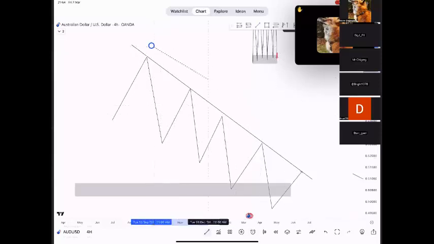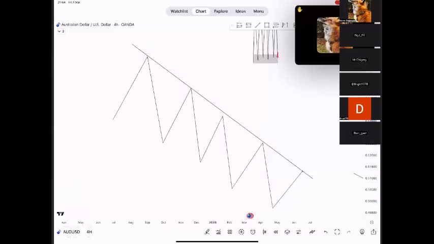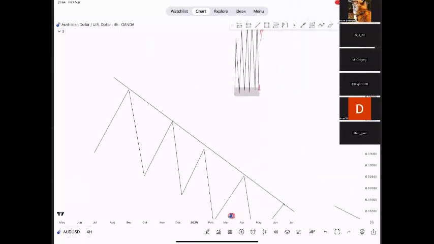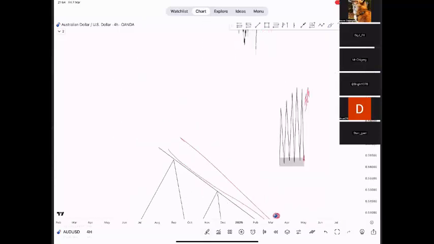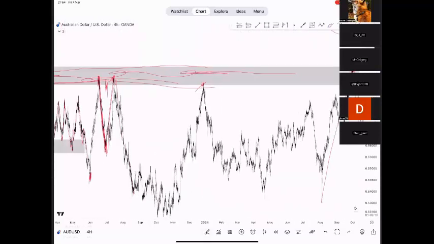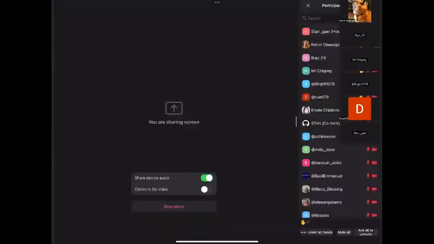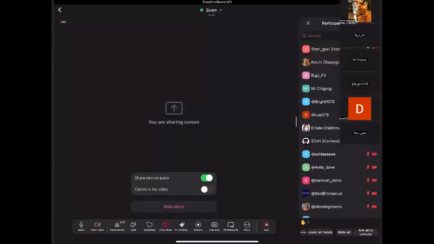So nobody is telling you there's an exact way to mark this place out. However you want to mark it out, you can. If you decide to use your highlighter tool to show an area of resistance, you can. If you decide to use your path tool to draw multiple times to show an area of support, you can. There's no written template on how to do it. It's whatever works for you, so long as at the end of the day you're making money, you can map it out anyhow you want to, right?